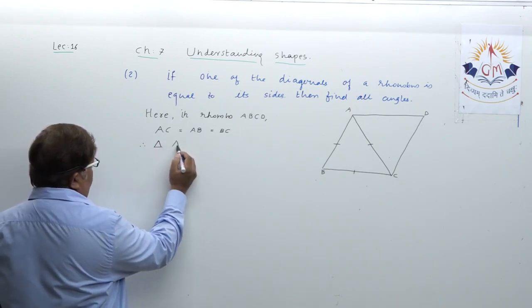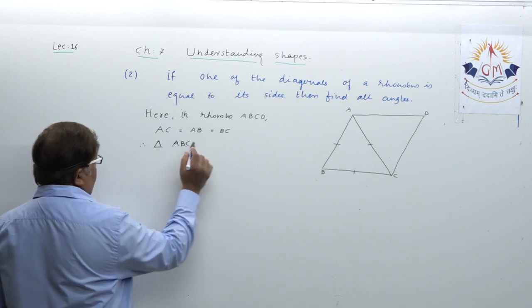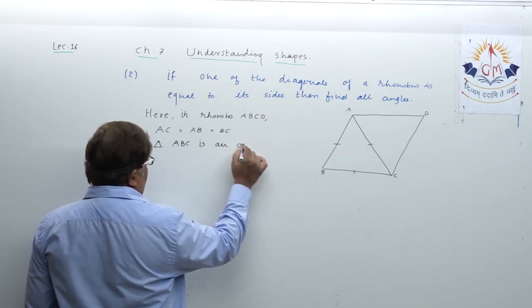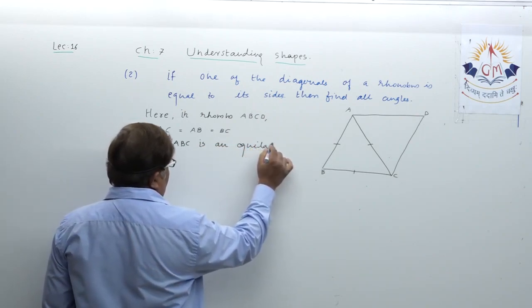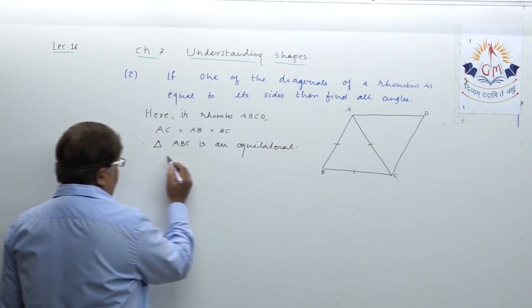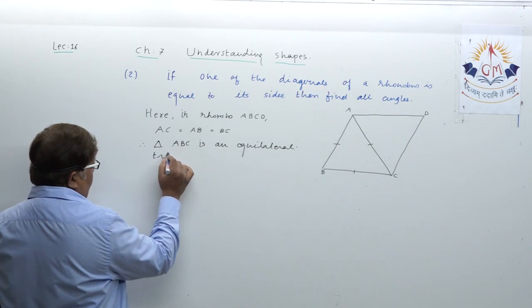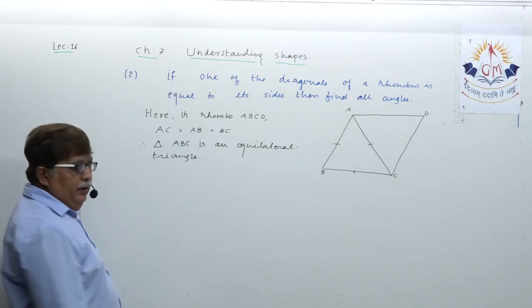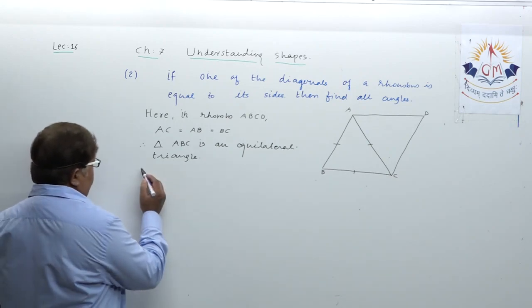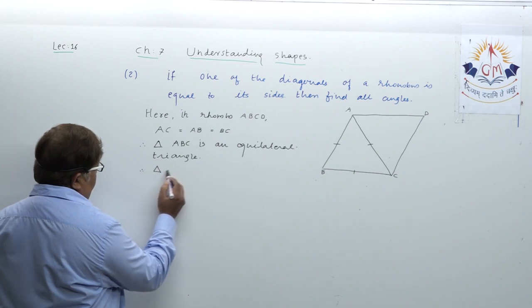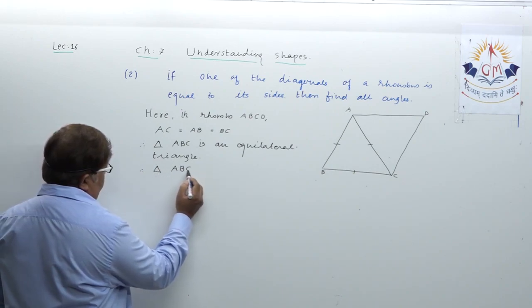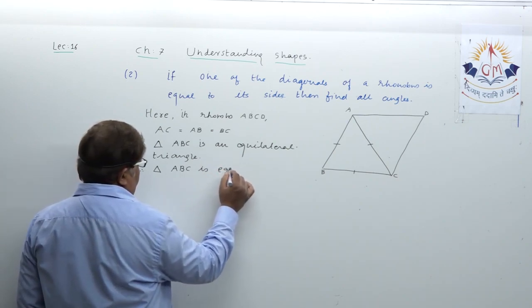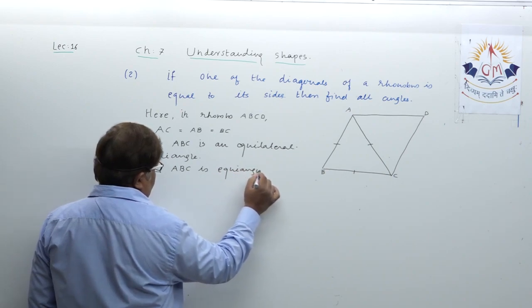So what we are writing now: therefore, triangle ABC is an equilateral triangle. Therefore, triangle ABC is an equiangular triangle also.